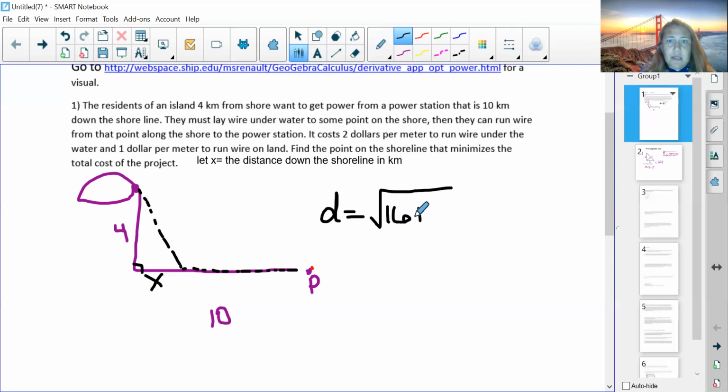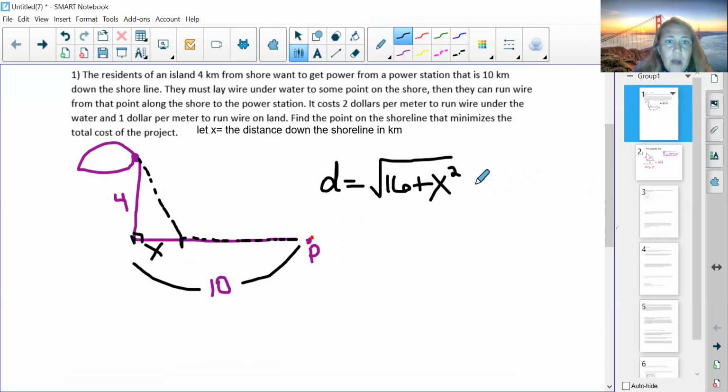Okay, so that's the first part of the formula, and that's the diagonal part of this black line. Now I have the distance going here. So from here to here, it's X. And from here to here, it's 10 kilometers. So what would that straight black line be in terms of X? And I hope you recognize that it would be X minus 10. Okay, so there's the formula for the distance.